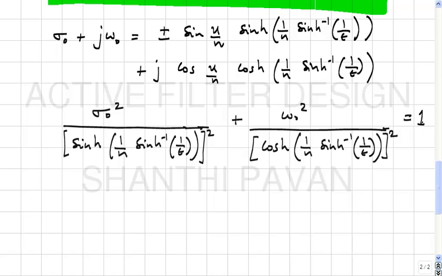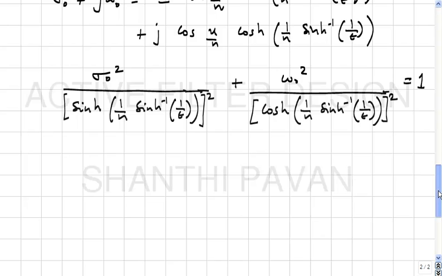This is in comparison to a Butterworth filter where all the roots lie on a circle, whereas that of a Chebyshev filter lies on an ellipse. Does that make sense? So the observation is that the roots lie on an ellipse.